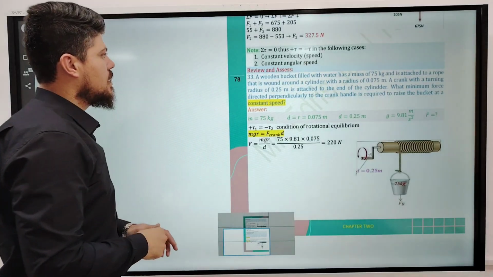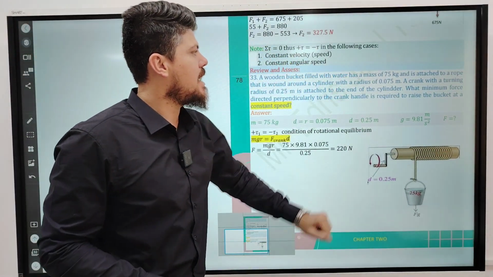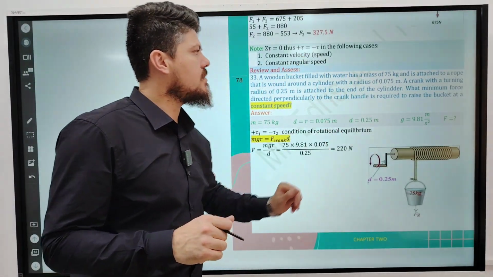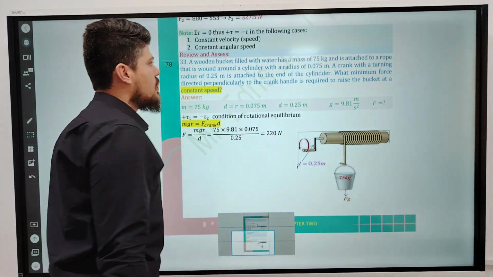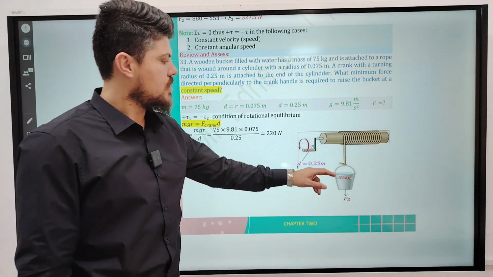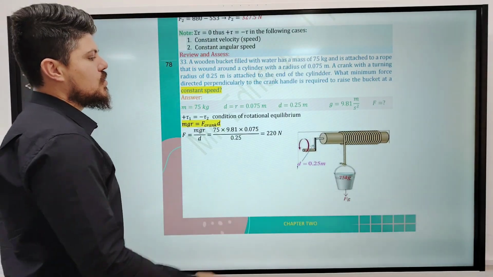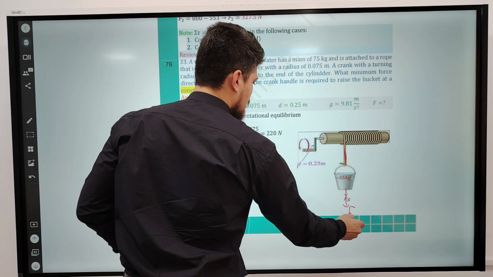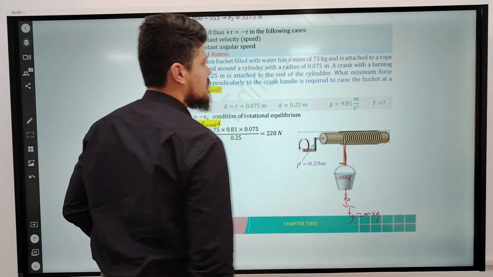Question 33 says a wooden bucket filled with water has a mass of 75 kilograms. This is the mass of the bucket filled with water, and it is attached to a rope. This is Fg downward, which is equal to mass times gravity.